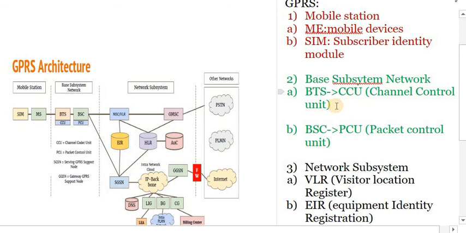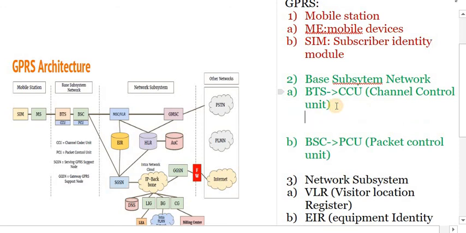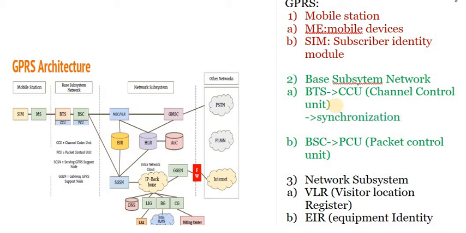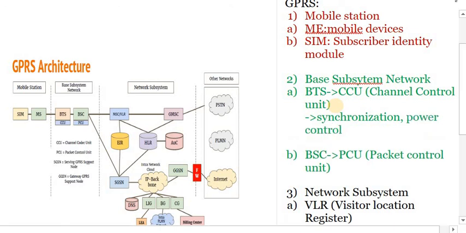So what are the functionalities provided by the CCU? As the name indicates, channel control unit. The basic functionality of the channel control unit is synchronization of the slots. Another functionality provided by the CCU is power control by the antenna system.